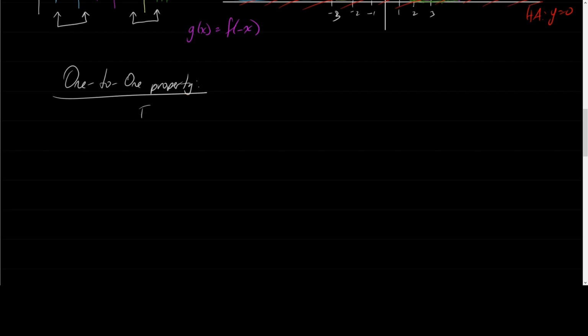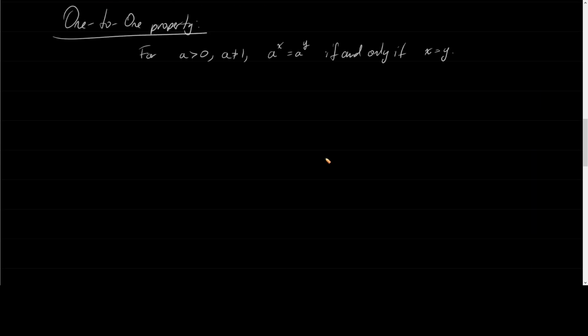So for a being greater than 0 and not equal to 1, a to the x is equal to a to the y if and only if x is equal to y. All right. That will come into play as we sketch some of these. So let's go ahead and sketch.